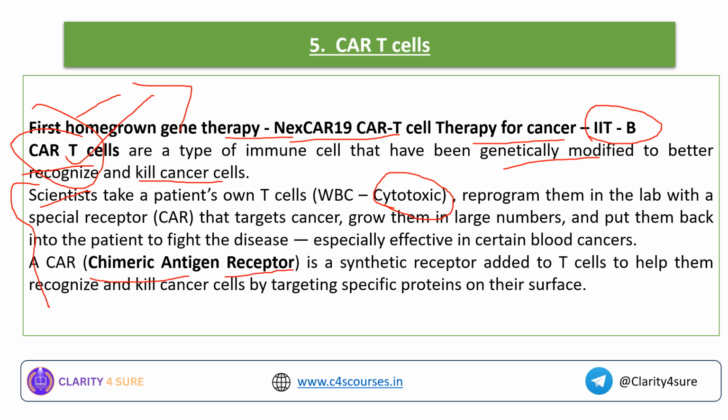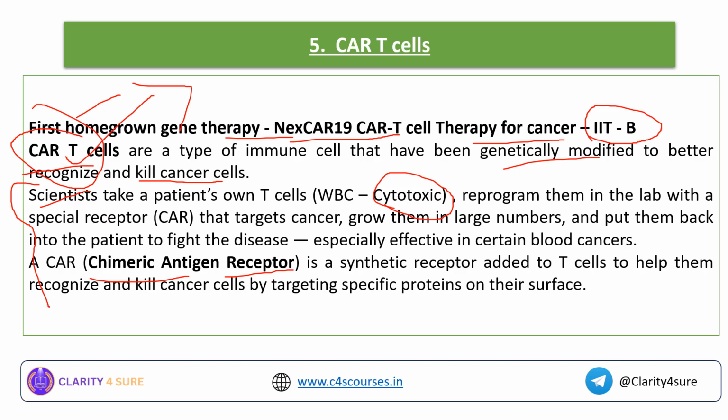Okay, this CAR, that is the chimeric antigen receptor, will target the cancer that is growing in the body of the patient, and it will kill those particular cancer cells. How?